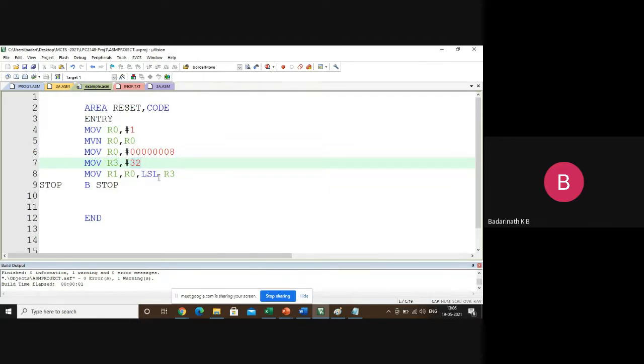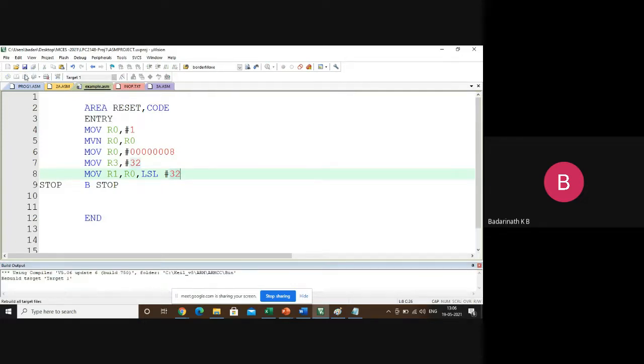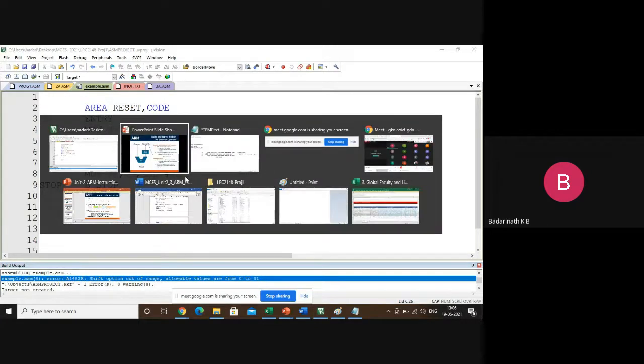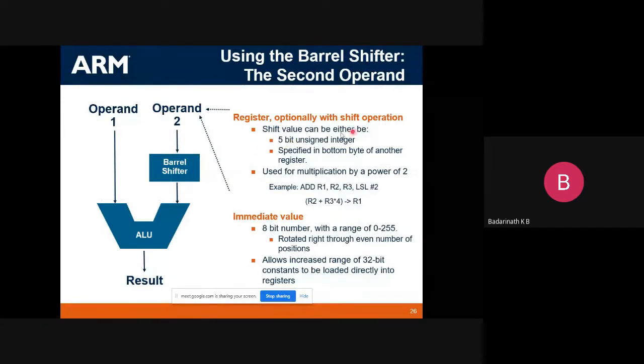If I use it directly, hash 32, it gives an error saying shift operation out of range. So what is the allowable range? Only 0 to 31. You should be very clear: if you give 32, it is an error in the instruction and it is not executable. A 5-bit unsigned integer is allowed to represent the amount of shift.